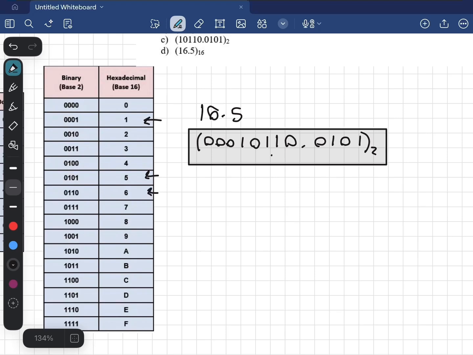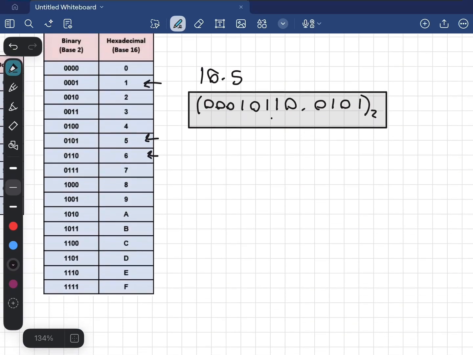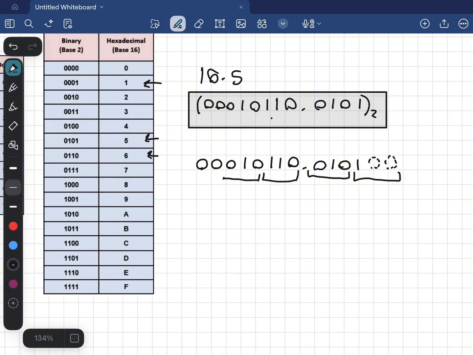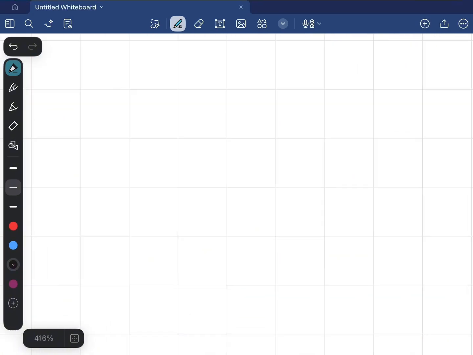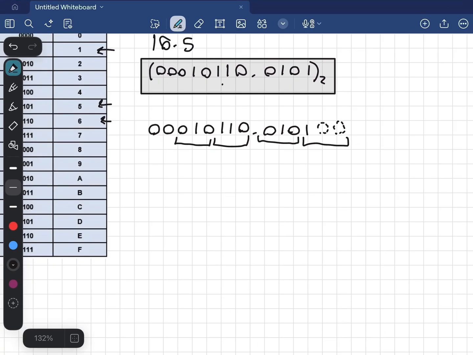So once we have the binary form, we can group this into groups of 3 and get our octal form. So we'll rewrite it out as 0001 0110.0101. Make those groups of 3 and add the zeros when necessary. Any extra zeros we can just disregard.